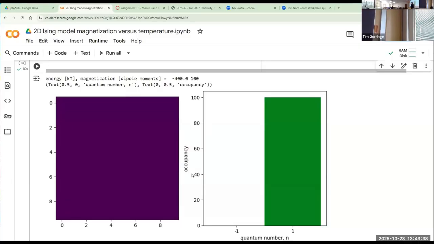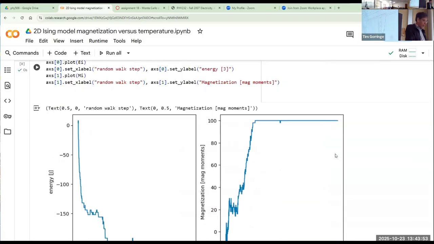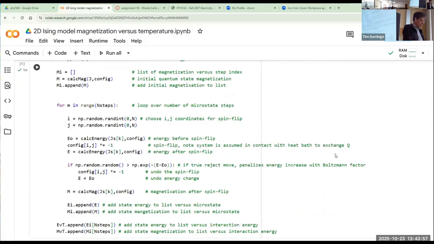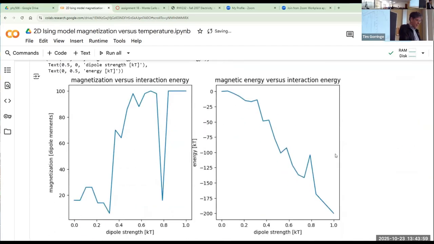Normally when I've done that, if you put in 2.0, the magnetic energy is now stronger than that 0.5, you get it fully magnetized. Here it's fully magnetized. There is one more code that I put in below. This one here.